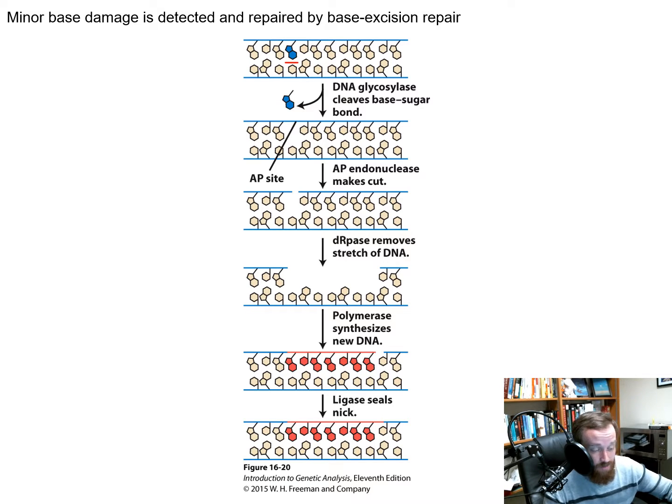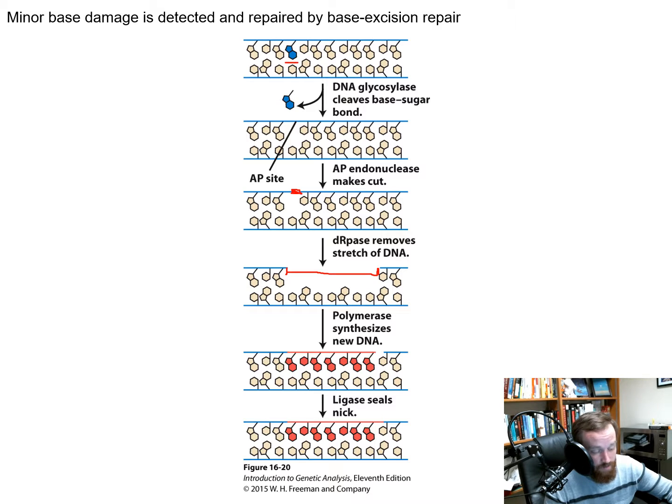Next, AP endonuclease comes in, and it makes a cut in that backbone where the base was attached. From there, DRPase comes in, and what that does is it uses that little cut, and it will remove a bunch of additional nucleotides upstream from where that nick was made from AP endonuclease.